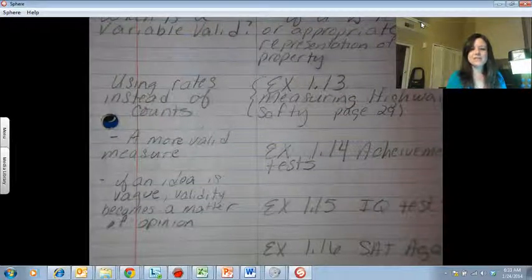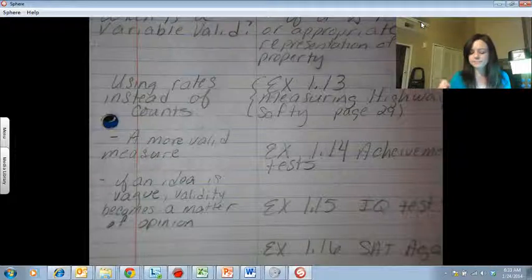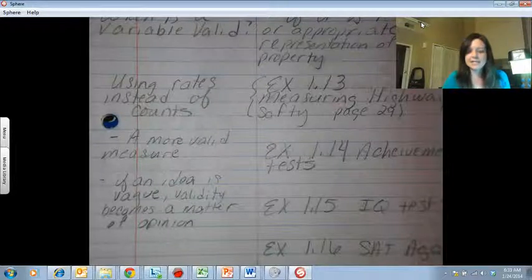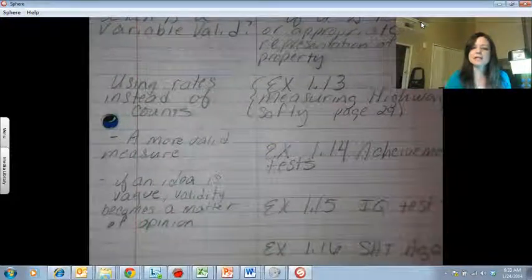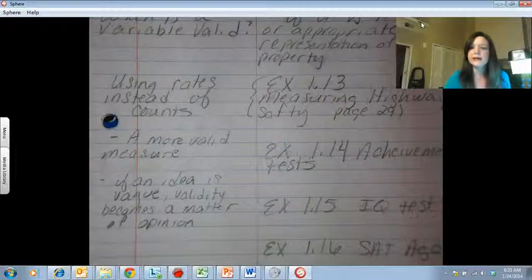If you look at example 1.14, achievement tests, it's talking about just what we were talking about, like is an ACT a valid way to measure your college readiness? But what it talks about is you can debate that, because what does it mean to be college ready?